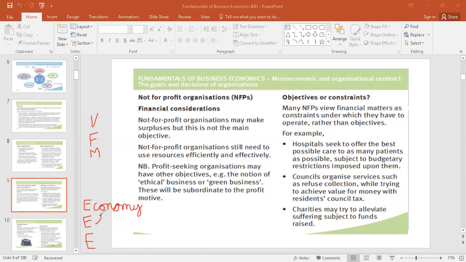The efficiency would be, as much as the input is introduced, are they getting the output? What's the output? Whatever is the purpose, whatever is the objective which they want to achieve.